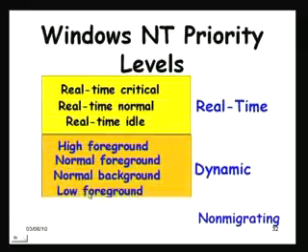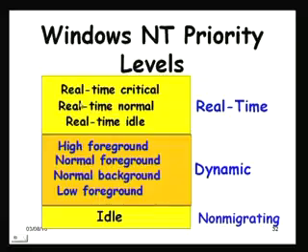Now, let us see the priority levels supported by NT. So, there are basically two main categories of priorities. In the real time, there are subclasses here: real time idle, normal and critical.